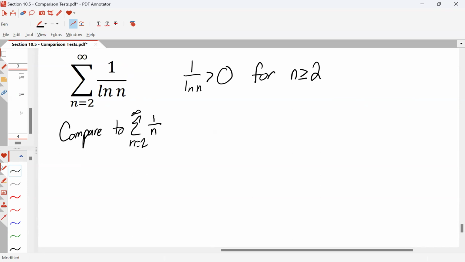So I can't just replace the natural log of n with a number here, like we did in a direct comparison test. We were able to do that in a direct comparison test because it made our fraction order what we needed it to be. But in this case, natural log of n is doing something, so we need to keep a variable there. We want to compare it to a p series. The simplest p series that's the same is 1 over n. We've already identified if this converges or diverges many times. This diverges because it's the harmonic series.